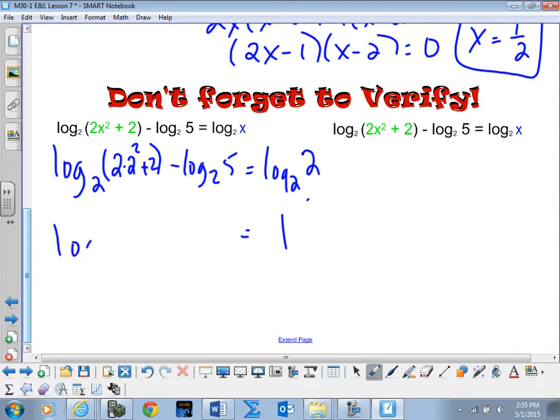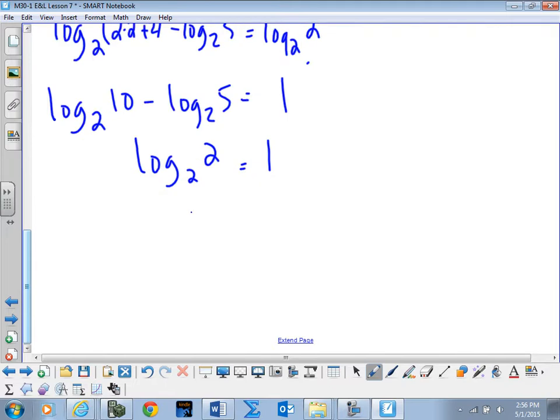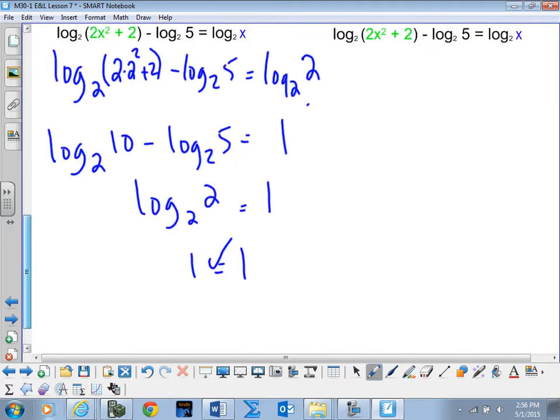Log base 2 of, two times 4 is 8. 8 plus 2 is 10. I can't evaluate those individually, but I can combine these into a single log. 10 divided by 5 is 2. So that works. Let's see if the other one works.